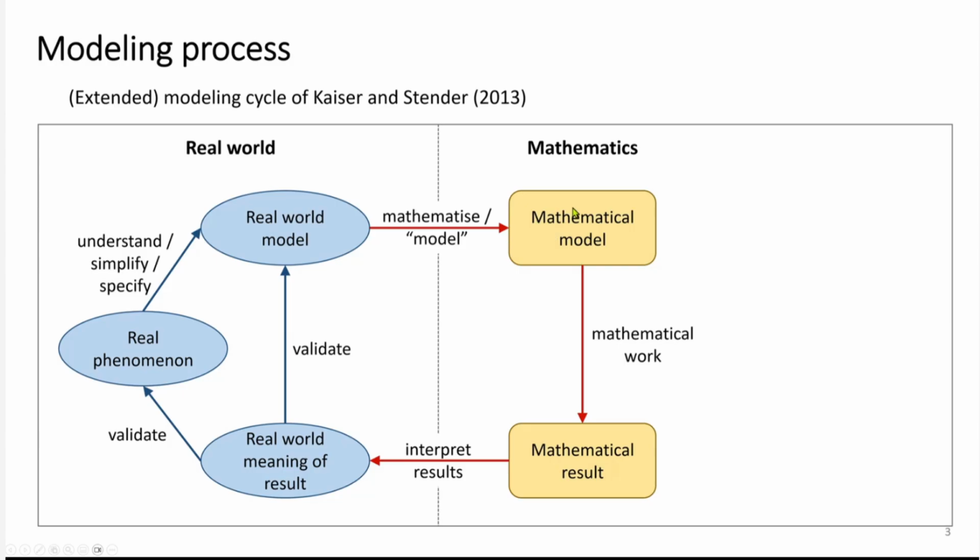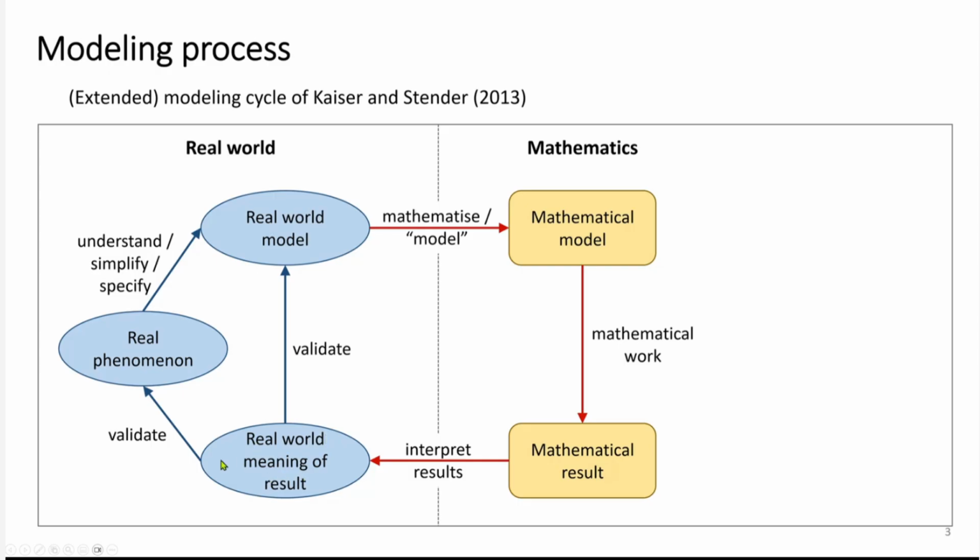Now, if this mathematical model is simple enough and you can solve it by hand, say, then you do some mathematical work, whatever that means, and you get a mathematical result. Then you convert that back into the real world in physics, and you get some real world results.